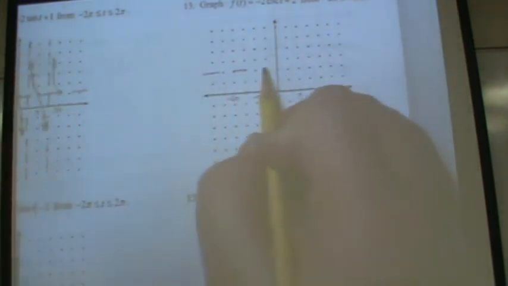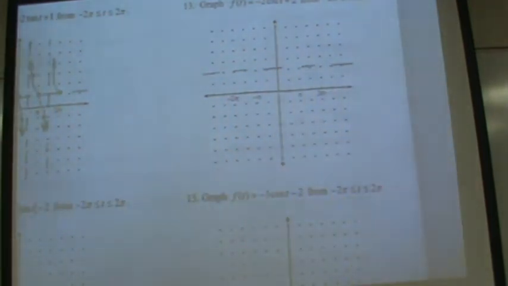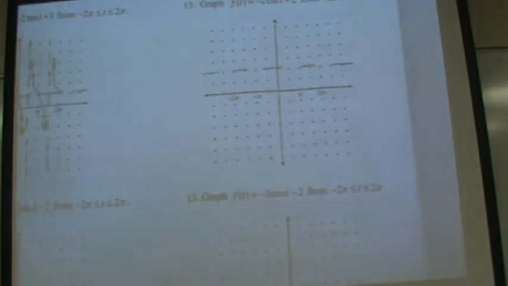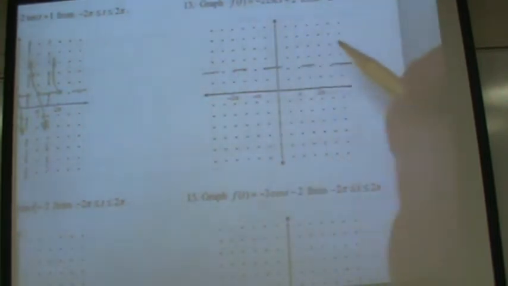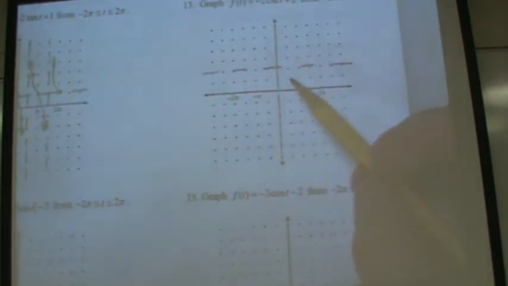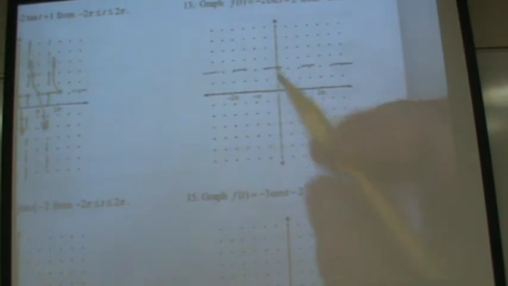For number 13, we have a vertical shift up 2. So our x-axis is up that 2. And then remember that we have asymptotes for cosecant. If you don't remember where the asymptotes start, remember your pattern for sine.